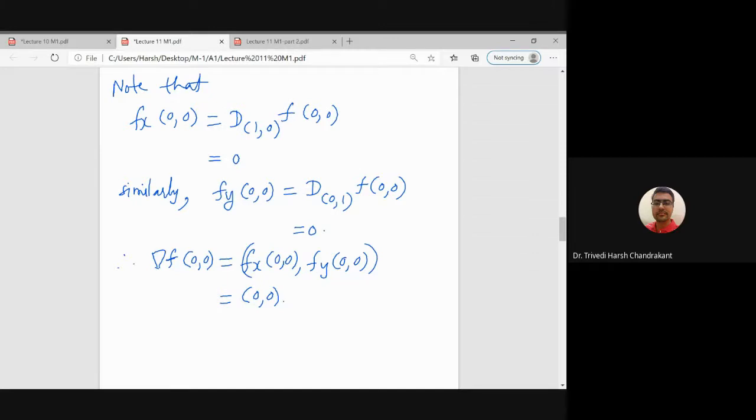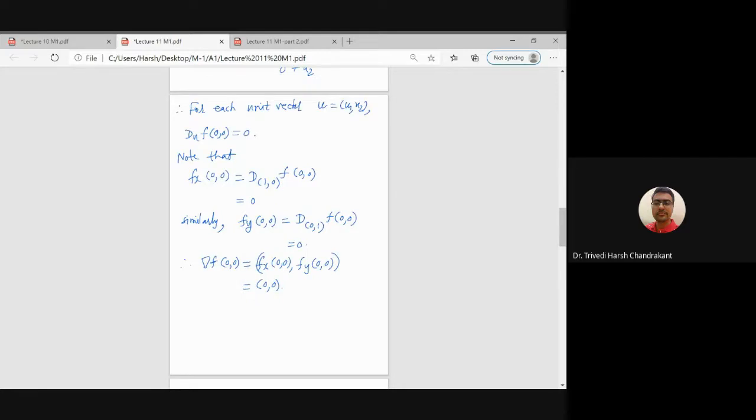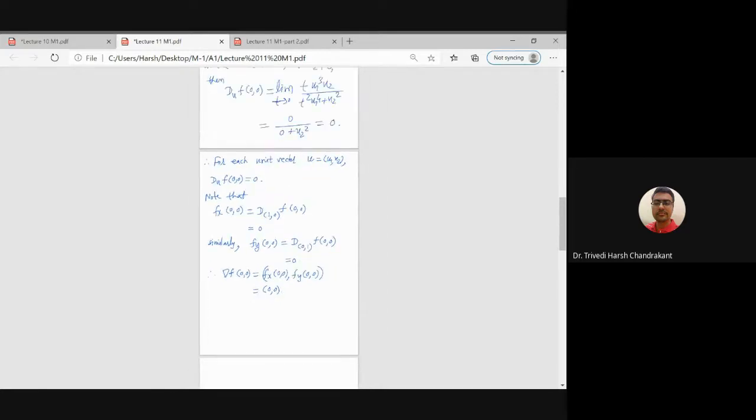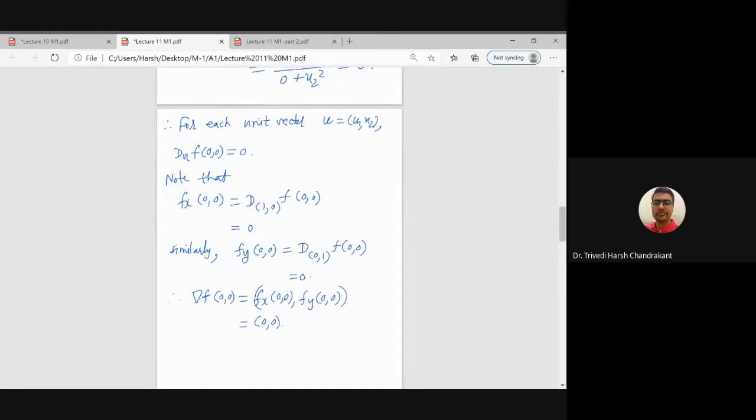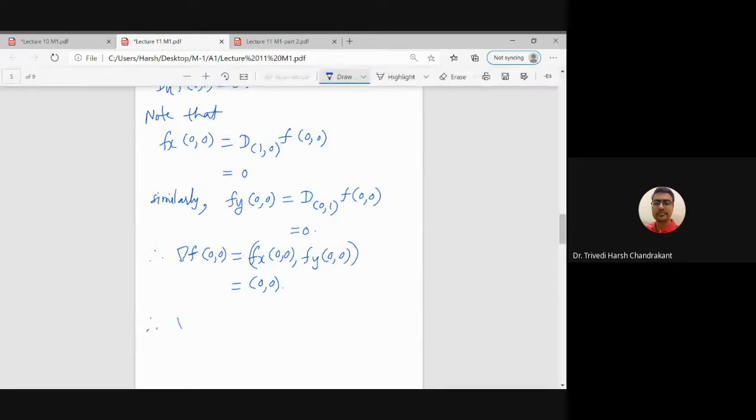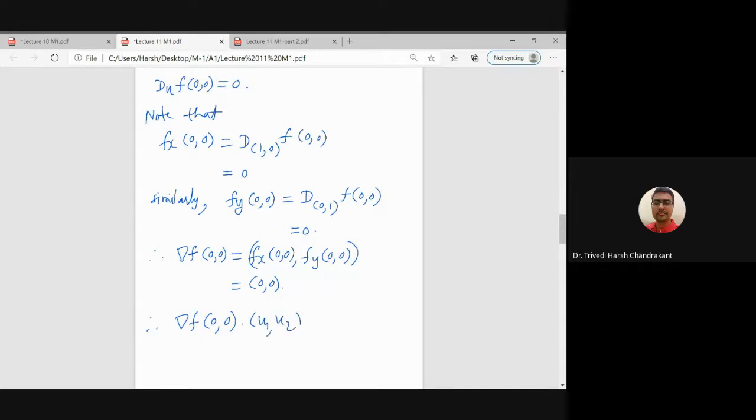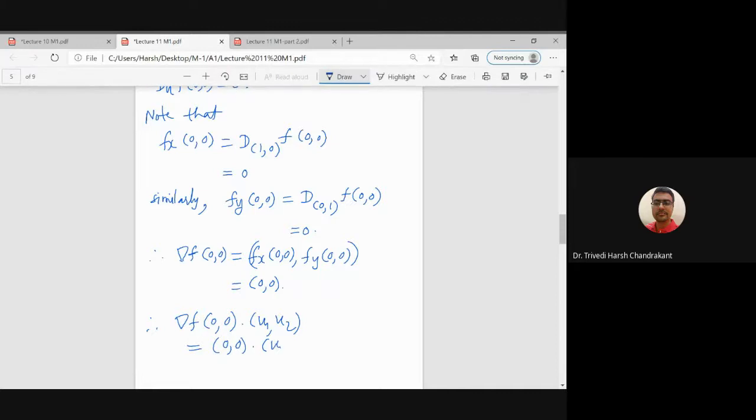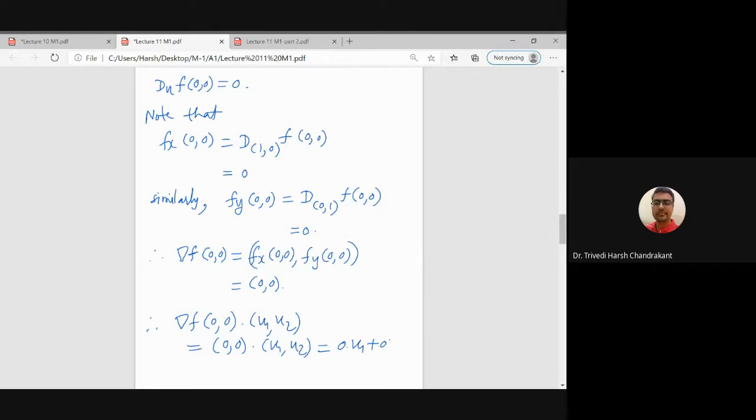And what does this give us? This gives us that the directional derivative at origin is 0 and the gradient is 0. So whatever unit vector we multiply the gradient by, that is nothing but (0, 0) times (u1, u2). So this is 0·u1 plus 0·u2, and that is 0.